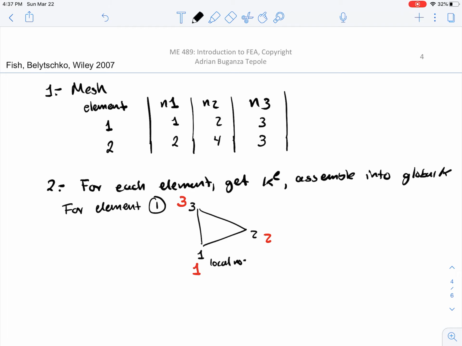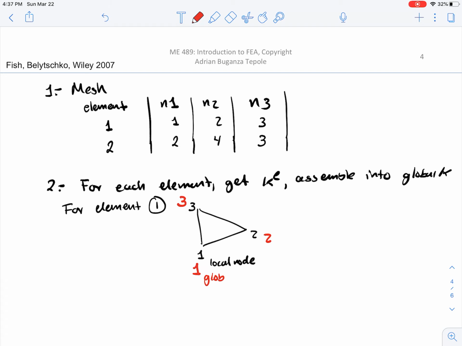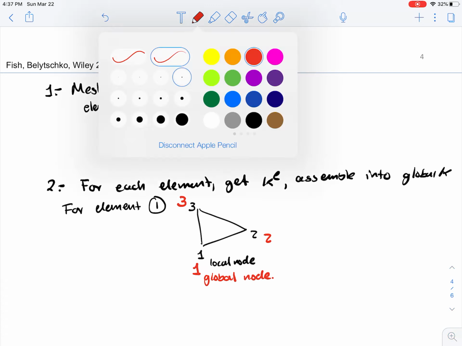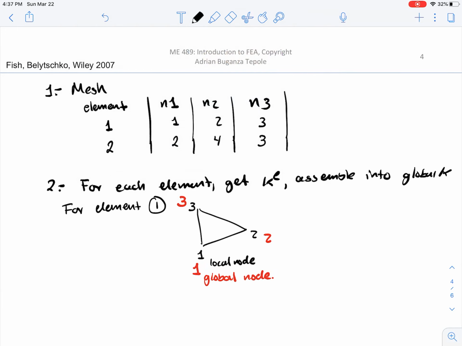So this is the local node, and in red I have the global node number. So you can see that I need the local node numbers because I need to know what x1, y1, x2, y2, x3, and y3 are, and those depend on the local node number.